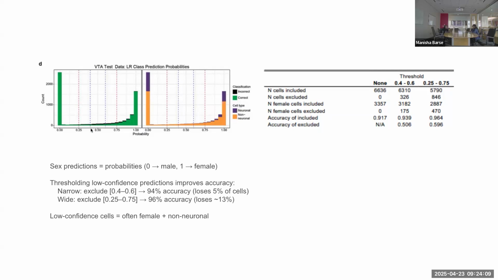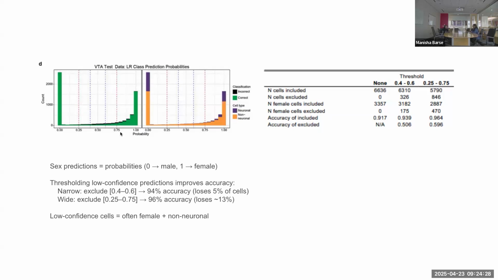They defined the narrow region as within the probability range of 0.4 to 0.6, and the wide region is between the red lines, so between 0.25 and 0.75.